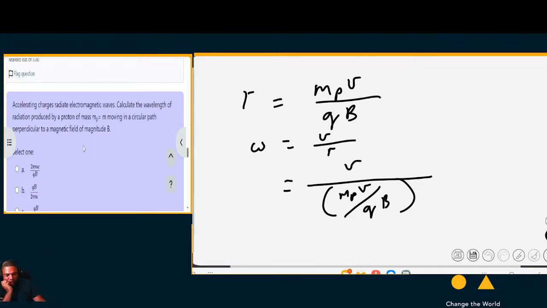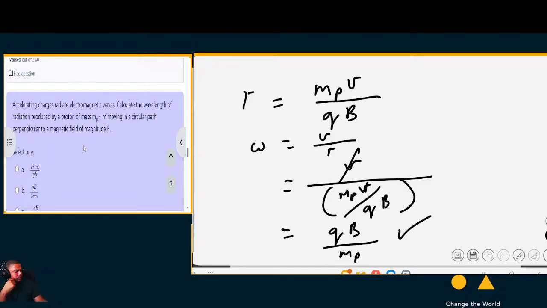If we simplify that formula, qB comes on top, the v's cancel, so it will be qB divided by m_p, the mass of the proton. Just took a bit of thinking, playing around with your formulas.